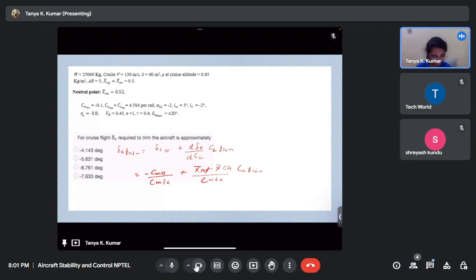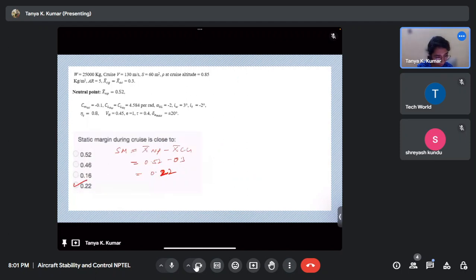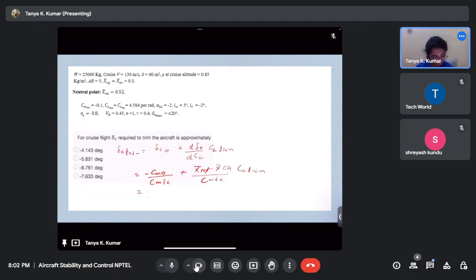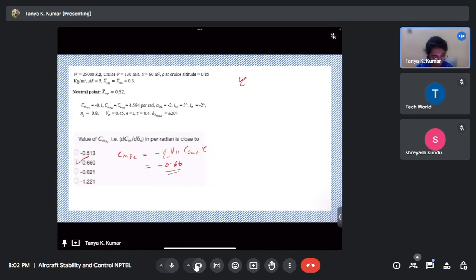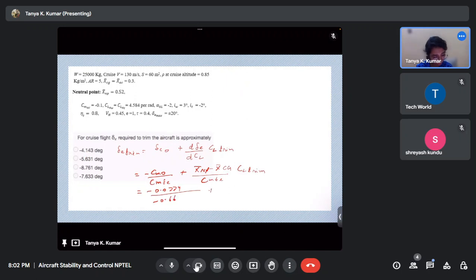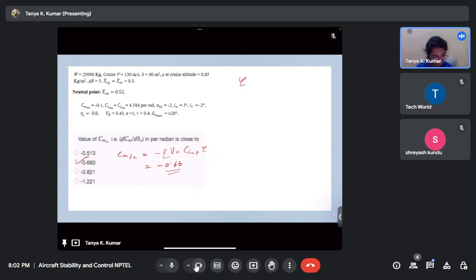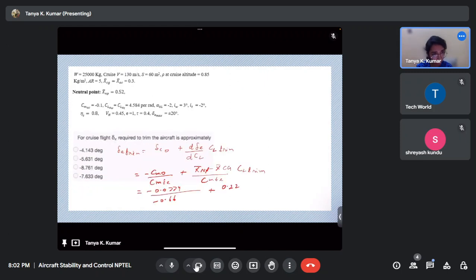Substitute the terms. So Cm naught was what? We had calculated this, right? 0.0774. Cm delta E is minus 0.66 plus x bar np minus x bar cg, again we've done this, 0.22, by minus 0.66 into Cl trim.